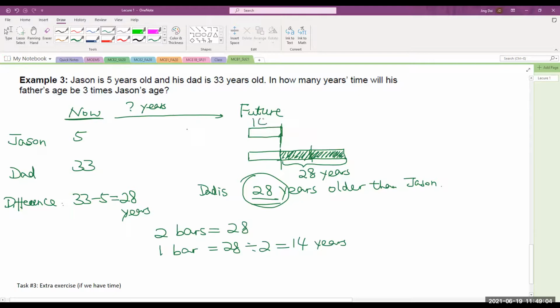So we are writing down 14 on each of these bars. So we know that Daddy is 14 times 3. Guys, please, on your scratch paper, 14 times 3. What is it? 42? So in the future, when Daddy is 42 years old, Jason is 14 years.